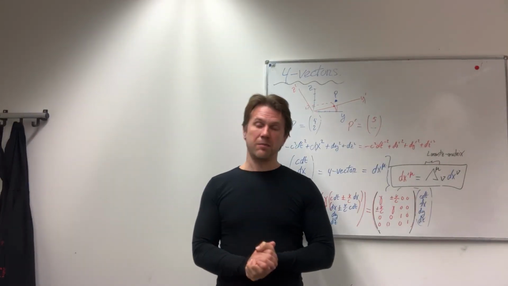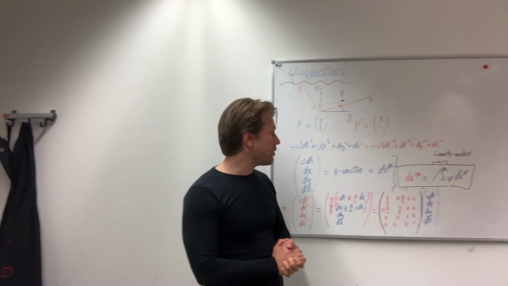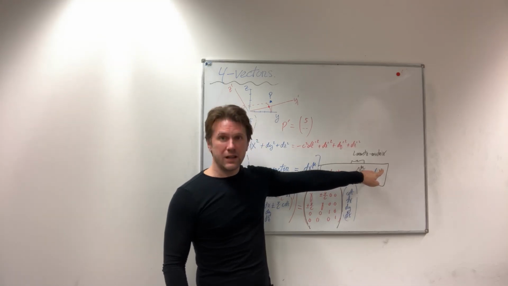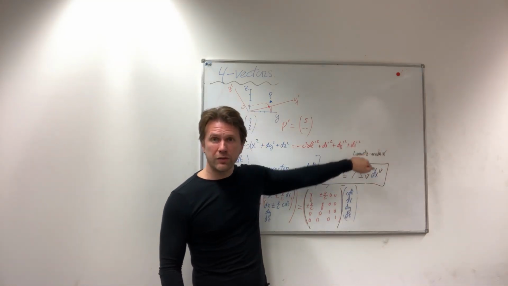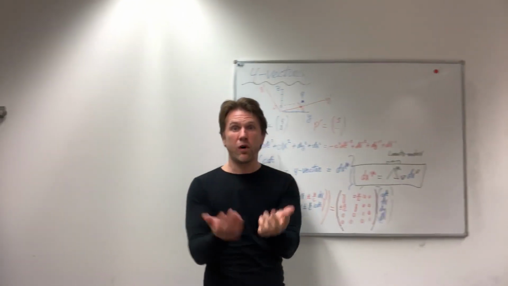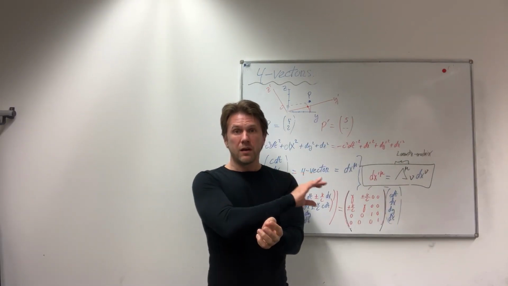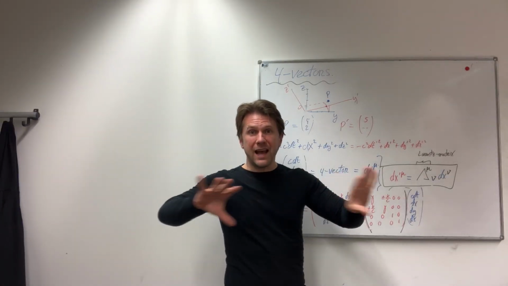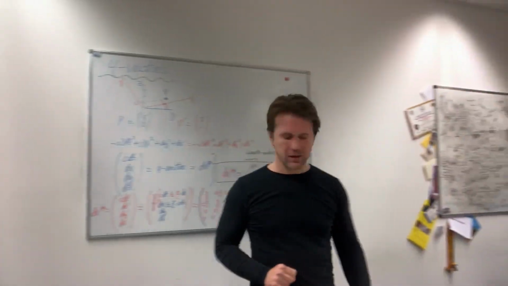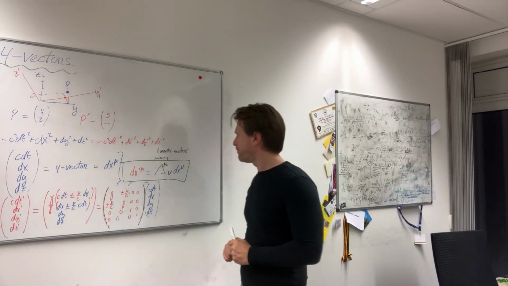So the next time that you do a calculation or you read an article and you see a down index and an up index, it is shorthand for let those Greek down and up indices have all of their 4 values. Write it all out and then add everything together. Do a matrix multiplication. A contraction, as we call this.